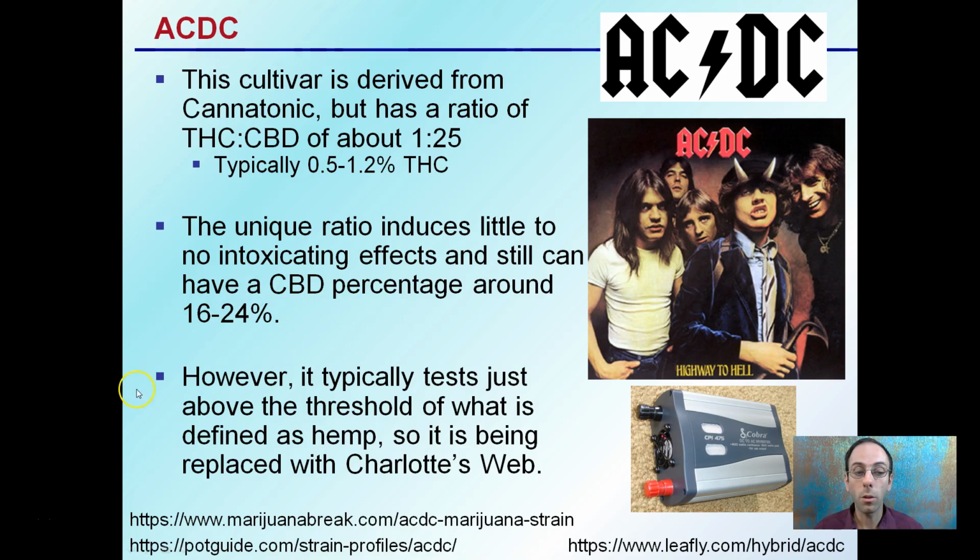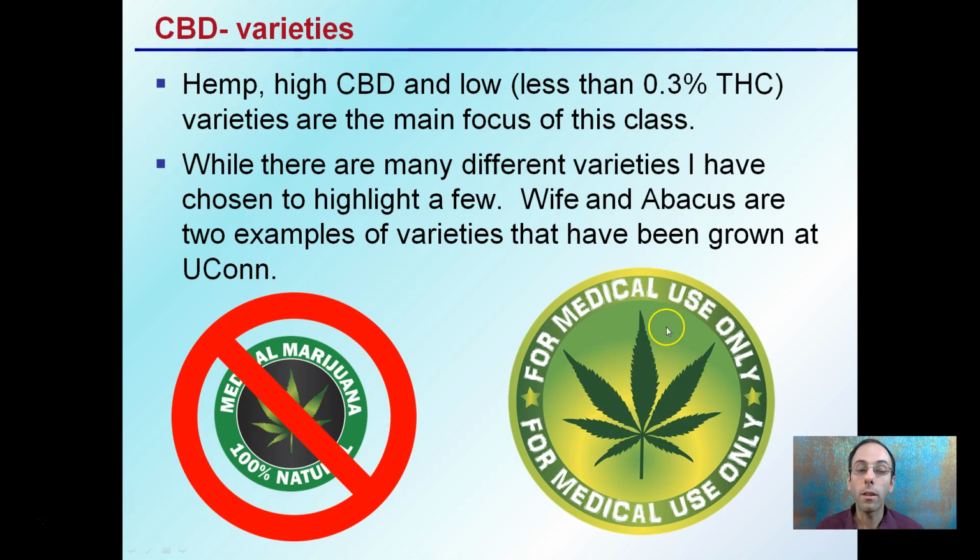However, it typically tests just above the threshold for what's defined as hemp, so it's being replaced by Charlotte's Web. Again, ACDC, we have the band, we have ACDC in types of power conversion, and also some great links located below here.